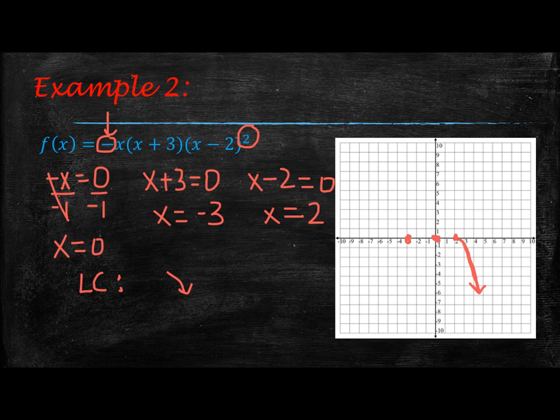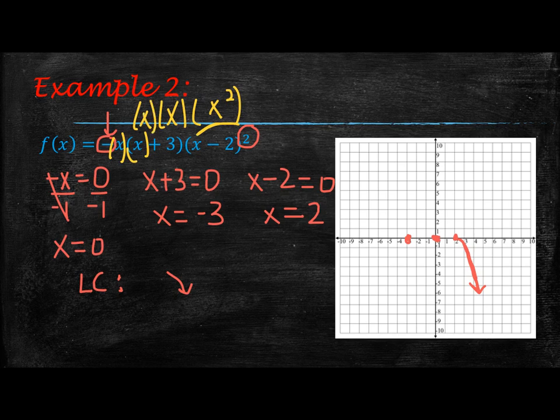Okay, then we want to look at our degree. So is our degree even or odd? Well, let's look at this. If I square this x, that's going to give me x squared. Then it's going to get multiplied by another x here, and it's also going to get multiplied by another x here.